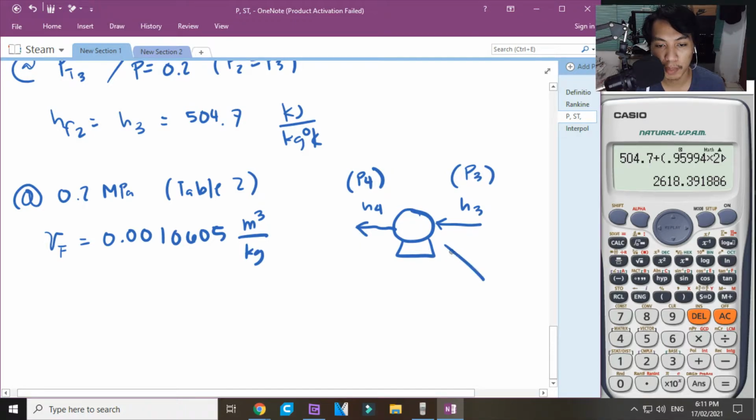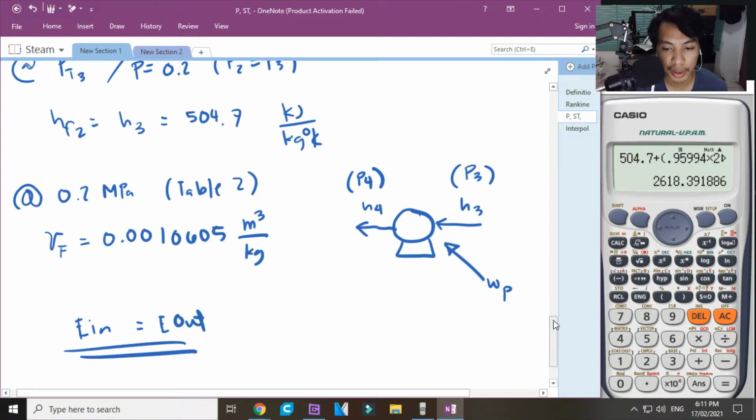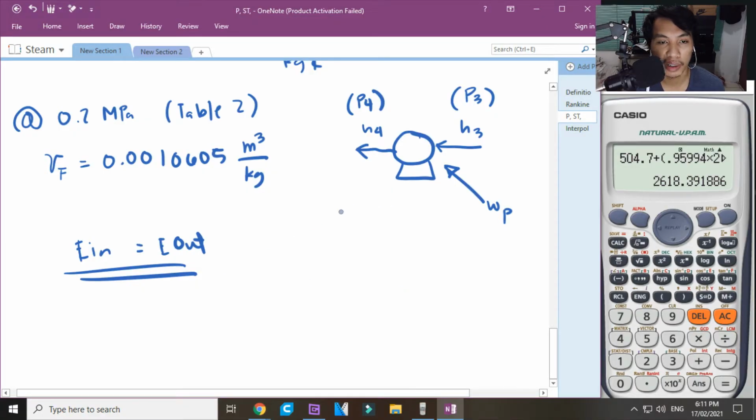Tapos mag-i-input ka ng work ng pump. Energy in, energy out, lahat ng in equal sa out. So, you can solve for H4. H4 will be equal to work ng pump plus H3. But the problem is, you don't have work ng pump.